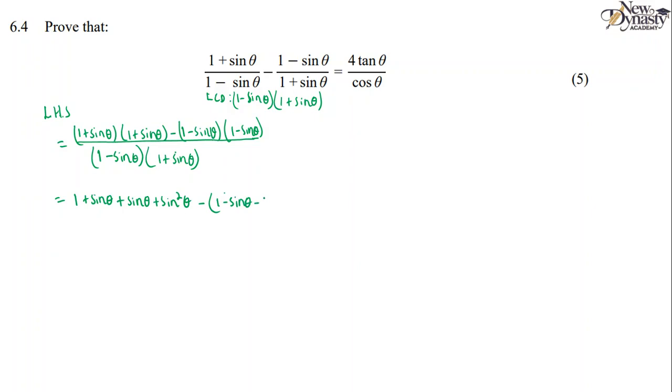Negative sine theta times 1, that is negative sine theta. Negative times negative is positive, and that is sine squared theta, all divided by your LCD, 1 minus sine theta into 1 plus sine theta.